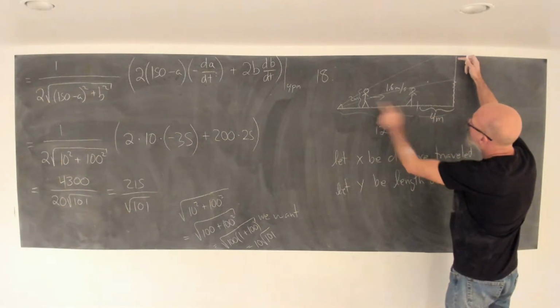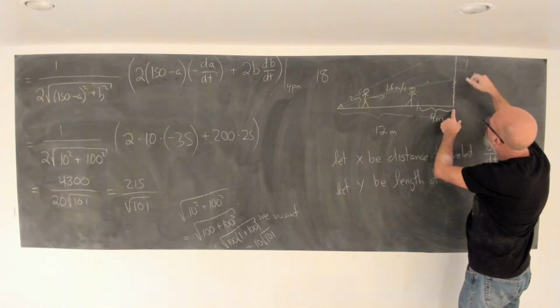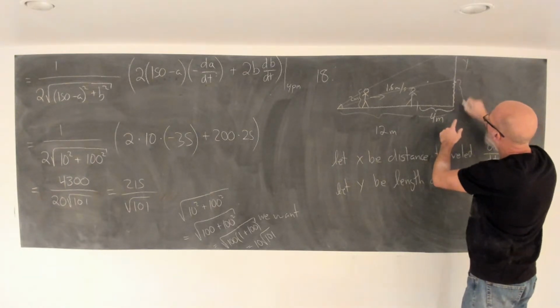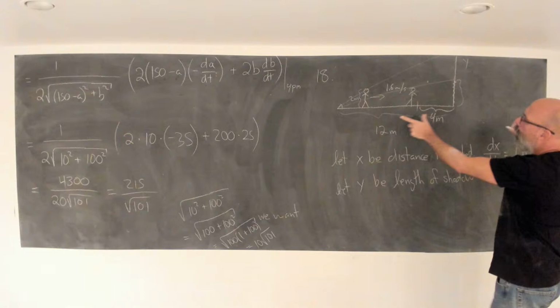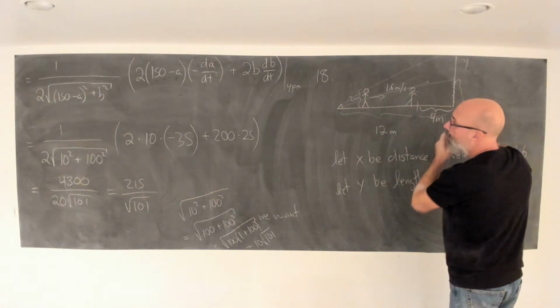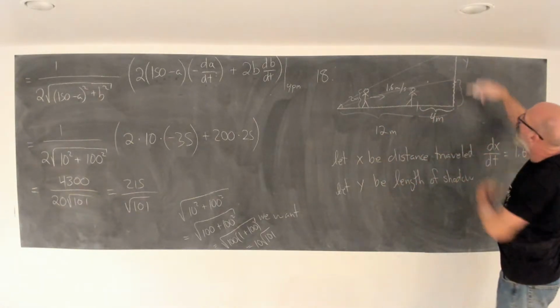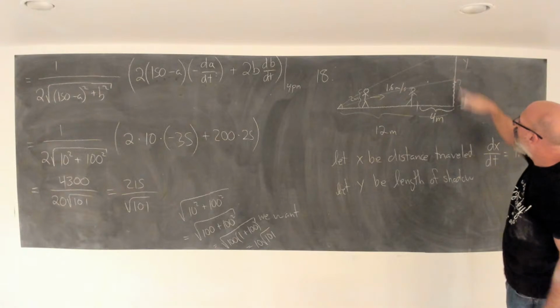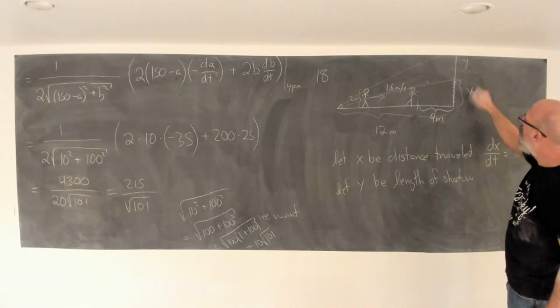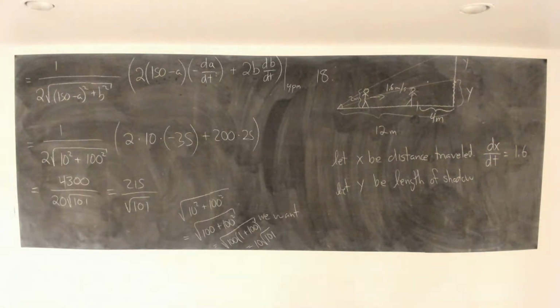When he's closer to the spotlight, the length is very large. When he's closer to the wall, the length of the shadow is smaller.